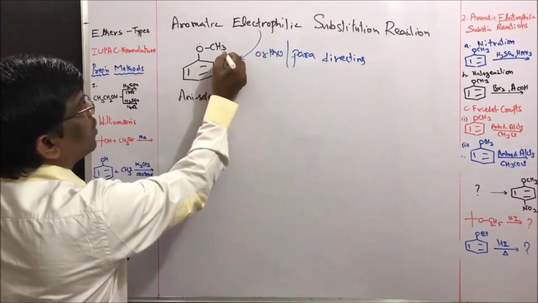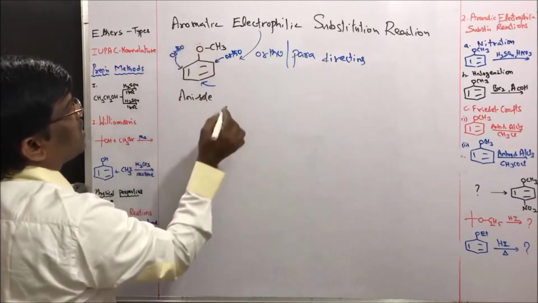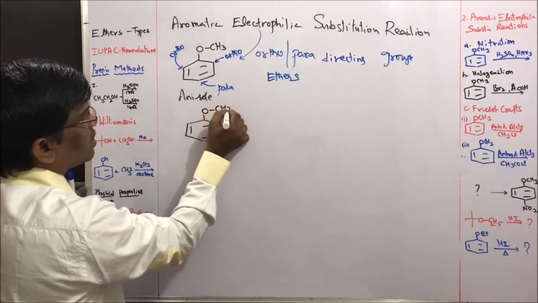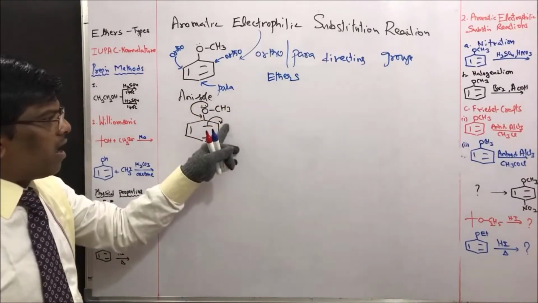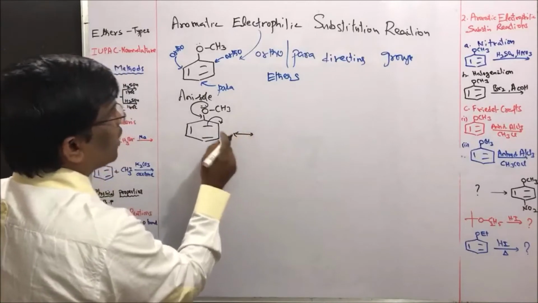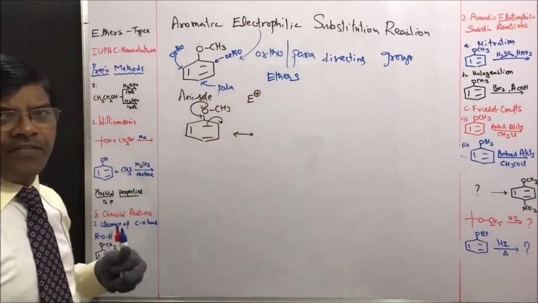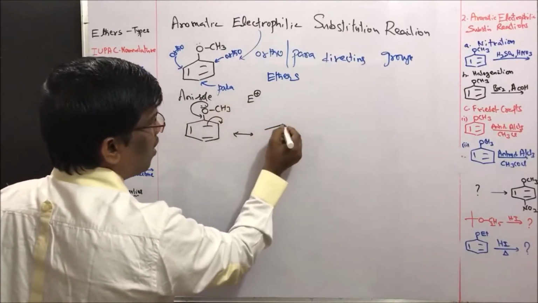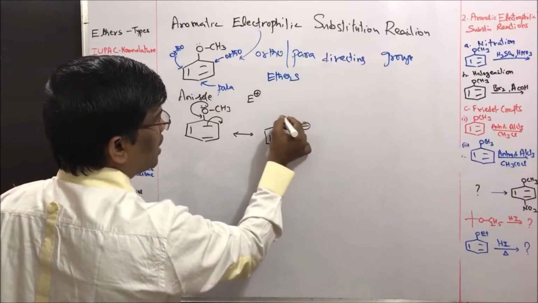This is an ortho position, this is also an ortho position, and this is the para position. For example, methoxy undergoes resonance to form a carbanion at the ortho position, and since the electrophile is an electron-deficient compound that loves electrons, it forms the electron-dense carbanion at the ortho position.